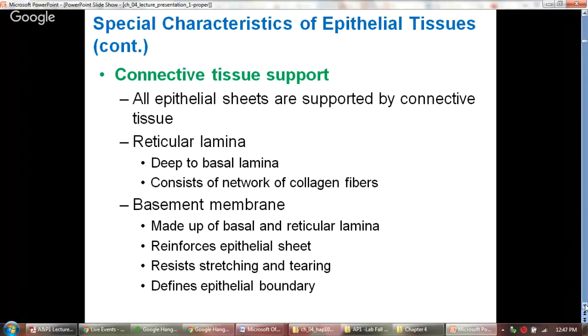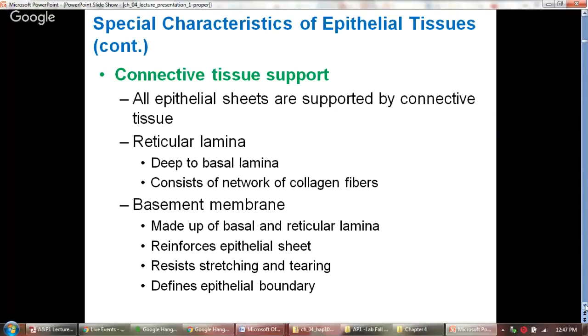The other important characteristic is connective tissue support. All epithelial sheets are supported by connective tissue, which has a reticular lamina located deep to the basal lamina, and the reticular lamina consists of a network of collagen fibers.